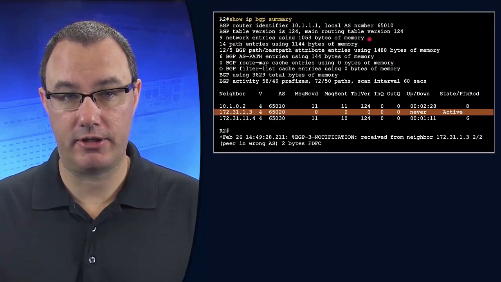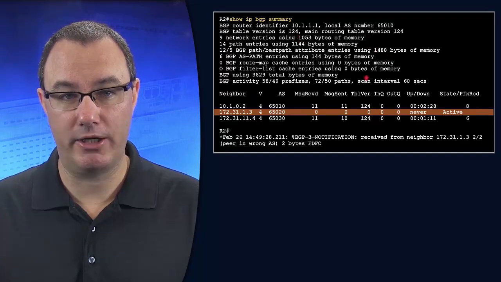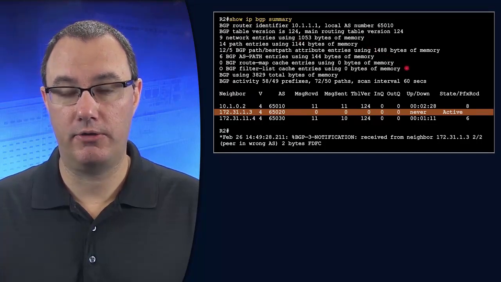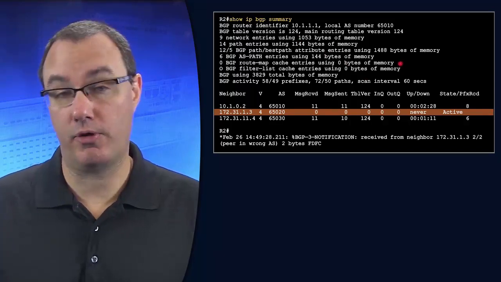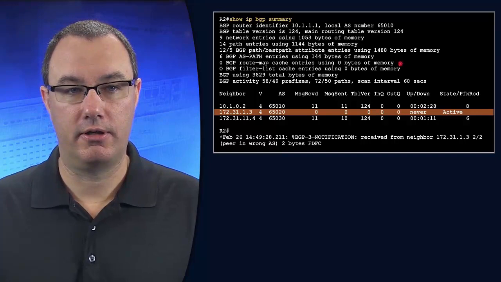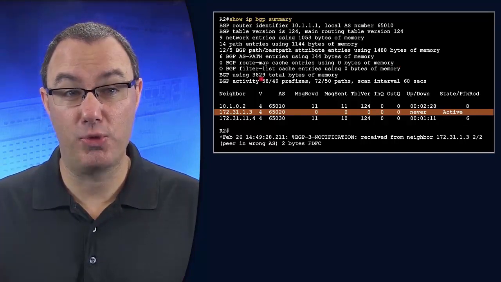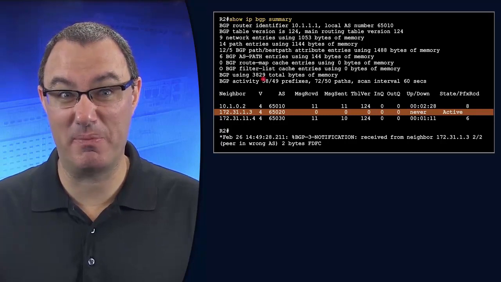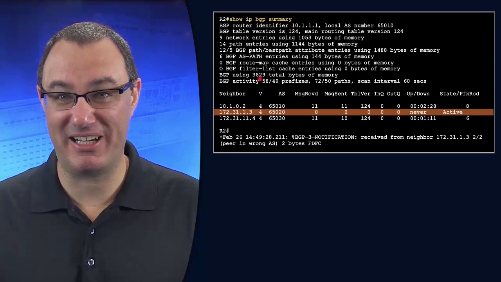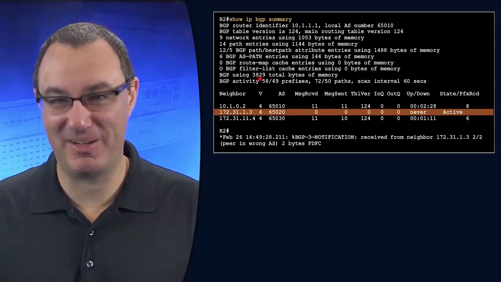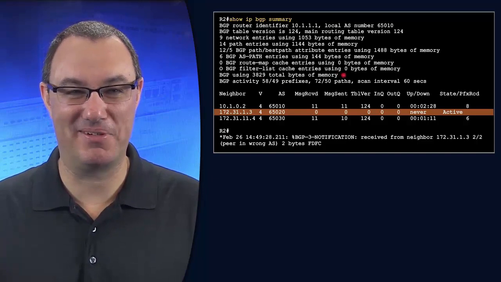So it gives us some indication of how many bytes we are using to store different chunks of information inside of the BGP table that are learned from our neighbors. So we can see, oh, we're using 3K worth of memory, almost 4K. But wait a minute, that's a kilobyte. That's not a megabyte. It's not a gigabyte. It's not a terabyte. So this is not a very big BGP table, right?